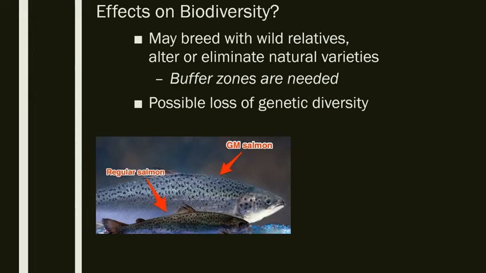If an animal or a plant has been genetically modified and somehow breeds with a wild animal of the same breed, then what happens? Do we end up with all of one type of, let's say, salmon, for example? And so generally we need to try to keep the genetically modified organisms away from the wild ones.